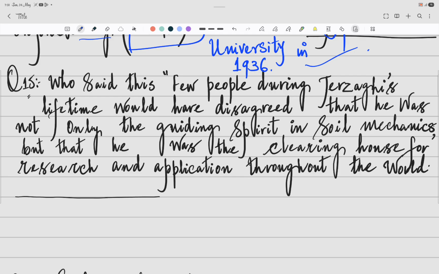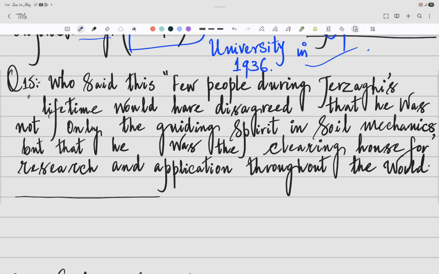Question number 15. Who said this? These are some lines: few people during Terzaghi's lifetime would have disagreed that he was not only the guiding spirit in soil mechanics, but that he was the clearing house for research and application throughout the world. We have to say which scientist quoted these lines.